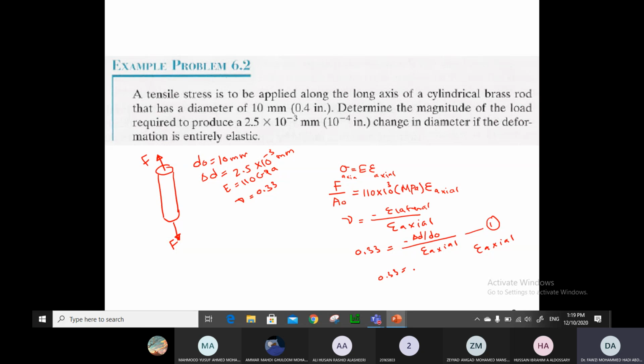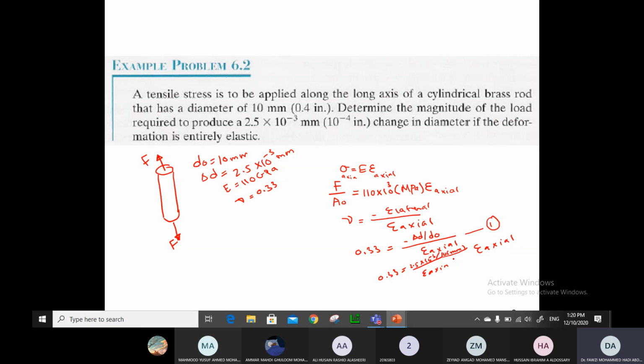0.33 is equal to epsilon axial, and the delta D is equal to 2.5 times 10 to the minus 3, in millimeters, divided by the original diameter, which is 10 millimeters. I don't have space here.